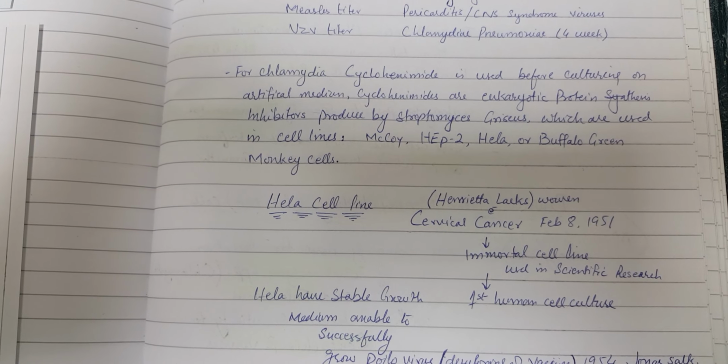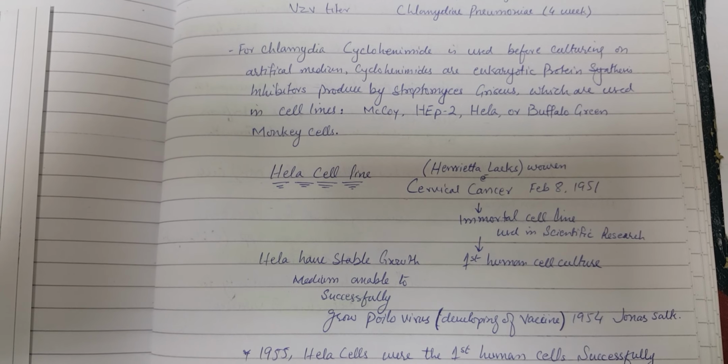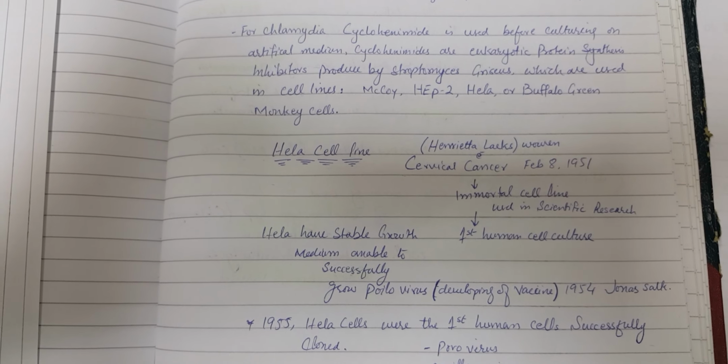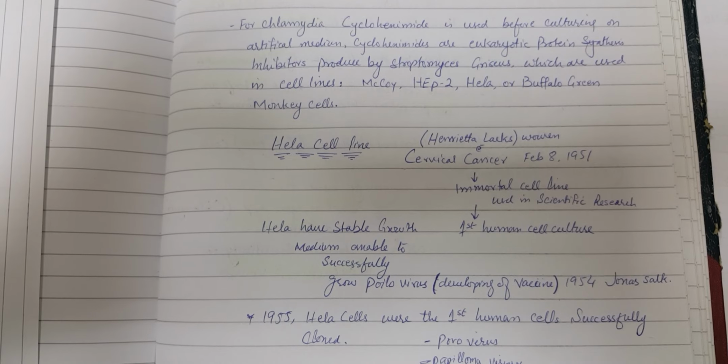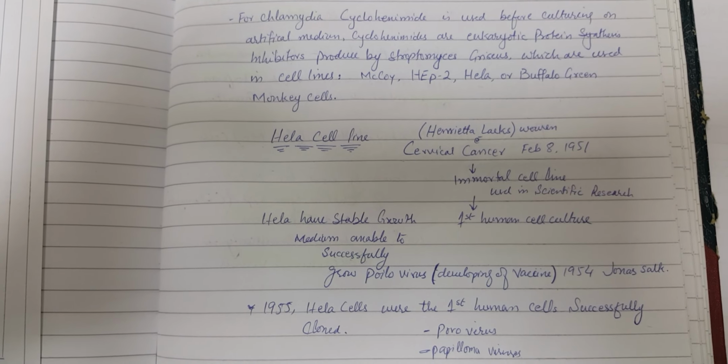These cell lines are immortal cell lines used in scientific research. It is the first human cell culture. HeLa cells have a stable growth medium that enabled the successful growth of polio viruses for developing a vaccine in 1954 by Jonas Salk.